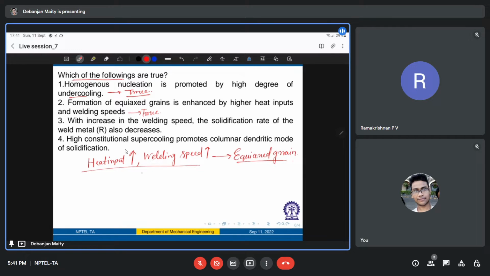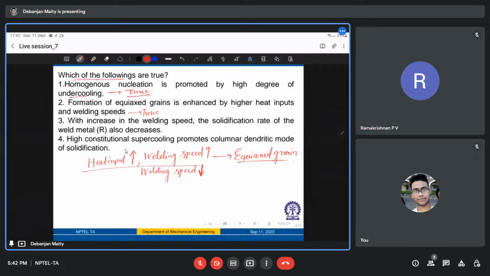Can you tell me if the welding speed is lower, what will happen? If your welding speed is lower, obviously the peak temperature it will experience will be higher, right?